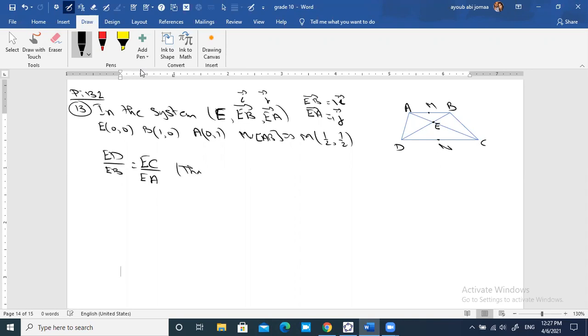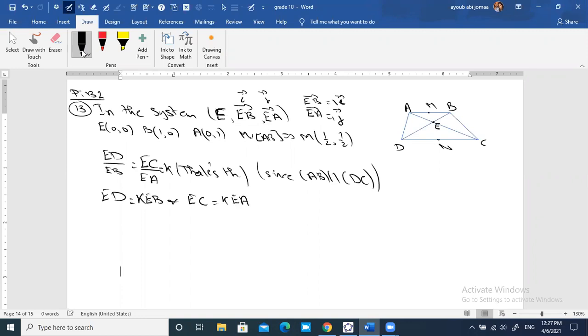This is Thales. Here, since AB is parallel to DC, because ABCD is a trapezoid, I can say it is also equal to a constant K. Then ED is equal to K EB, and EC is equal to K EA.